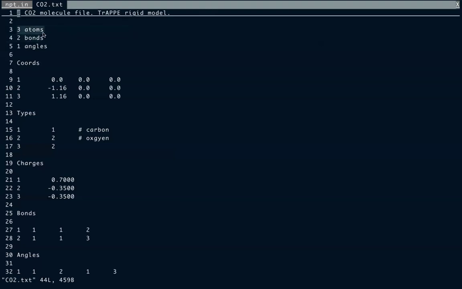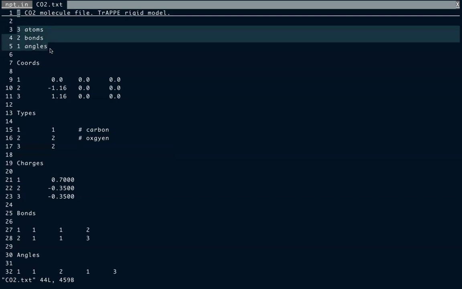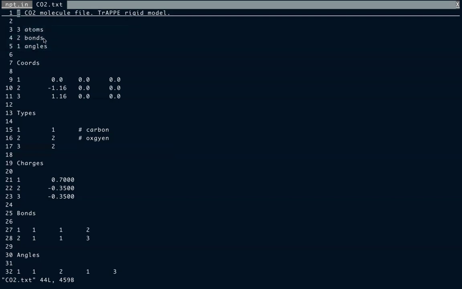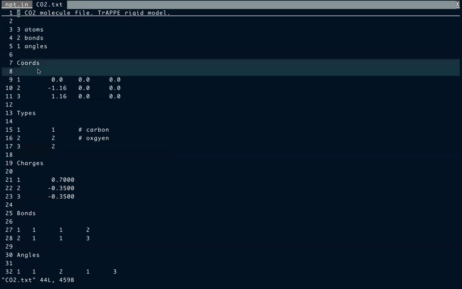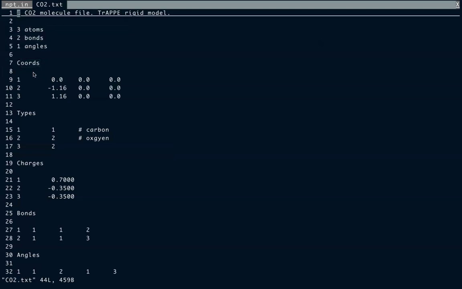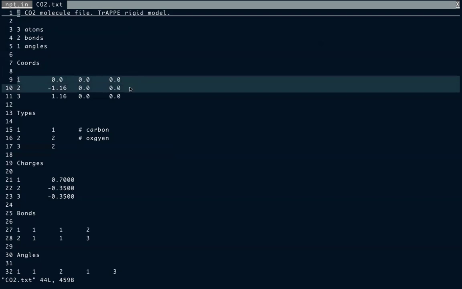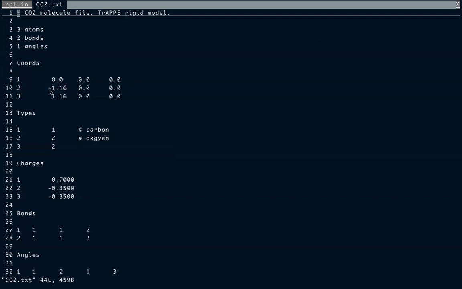So it tells you how many atoms there are, how many bonds there are, how many angles there are. There's only one type of angle. There are 2 bonds, but it's only a single type. And then I also provide the coordinates of these atoms. So I have one placed exactly at the origin, and then the bond length of carbon and oxygen is 1.16 angstroms.